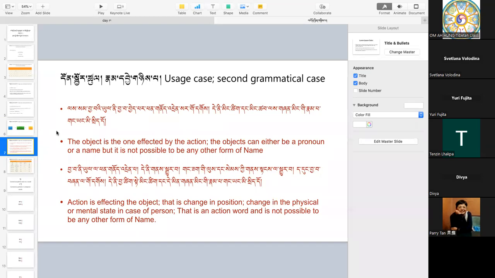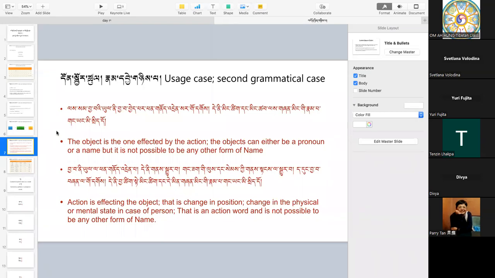So the thing is that until and unless we don't understand the perspective of action according to the Tibetan people or the Tibetan system of language, even the definition of object becomes quite vague. Definitely the idea of actions that we have in the English language as an action is also considered here.